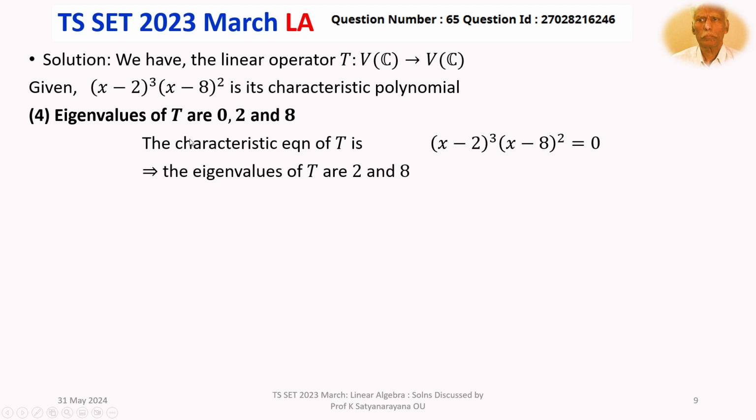But in our option it is given the eigenvalues of T are 0, 2 and 8. But the eigenvalues of T are 2 and 8 only. Therefore, option 4 is not true, and many students will stop here and they will say, my question is over.